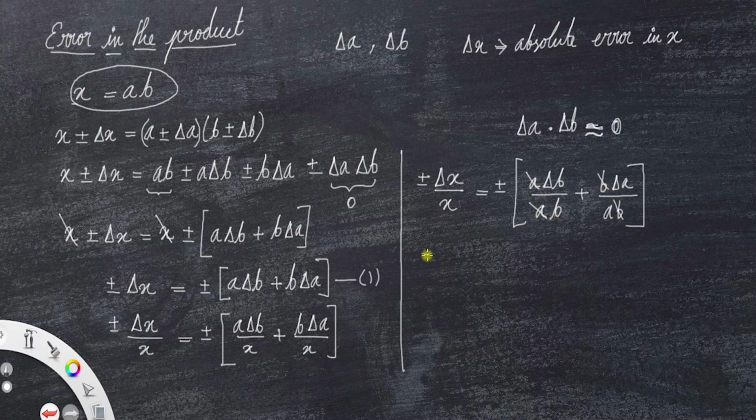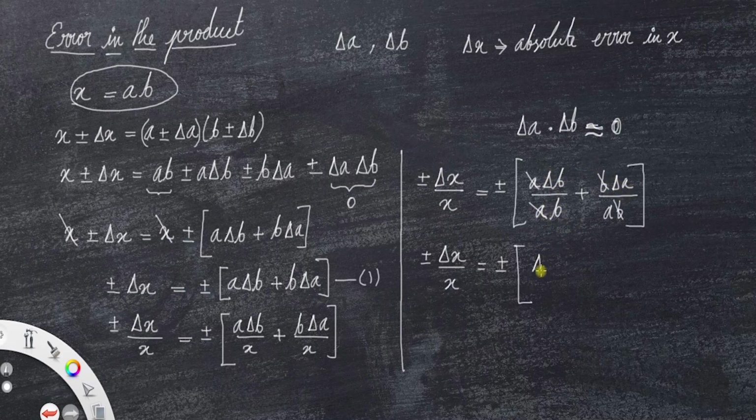So the final expression will be delta x by x is equal to plus or minus. You can write this one first, since p plus q is q plus p.